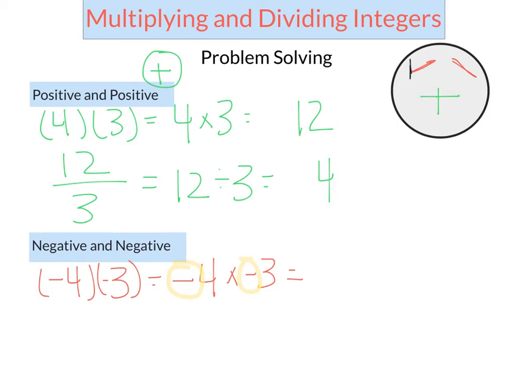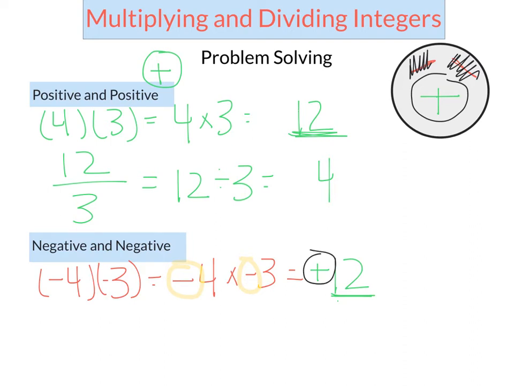I am left with a positive. My answer is going to have a positive sign. So -4 times -3 is going to be a positive 12. I'm using the same multiplication and division skills as I did with my positive and positive. See, my answer is still the same. The only difference is my sign.